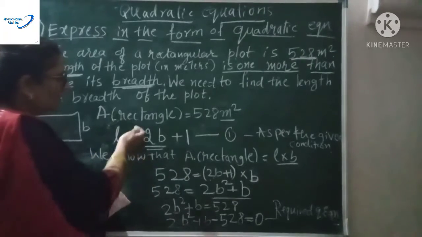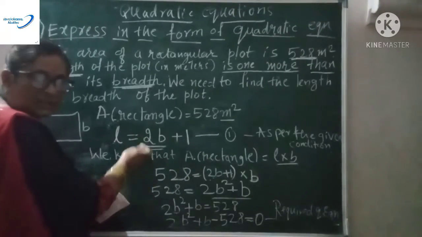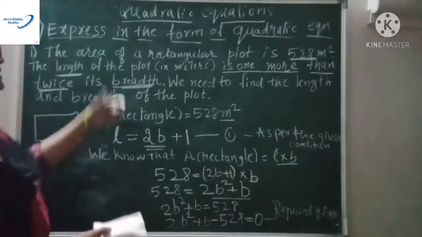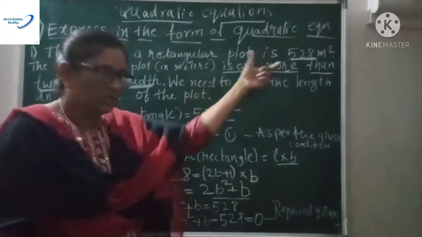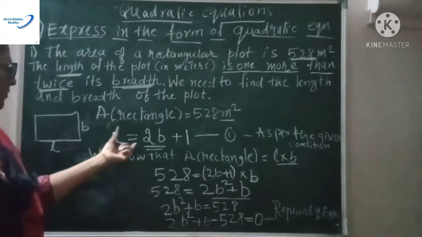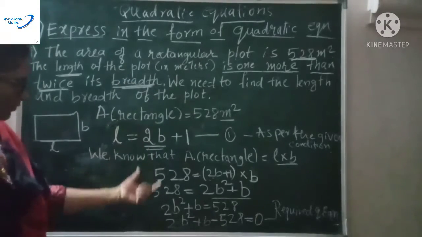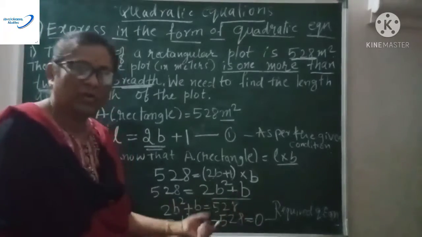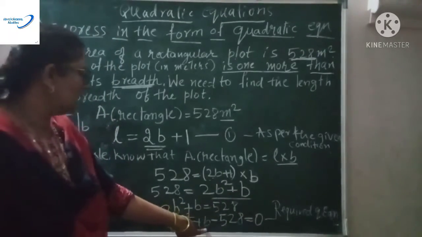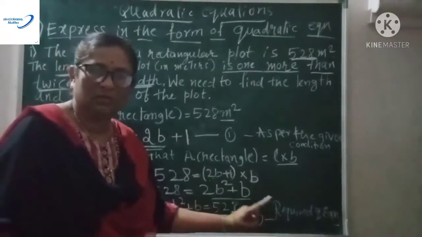So this is not the question we have to worry about. Our concept is to just form the equation. You can convert the breadth into length and you will get the equation in terms of length also. Both will give the same thing. Here, instead of b, you get 2l square plus l minus 528 equal to 0.